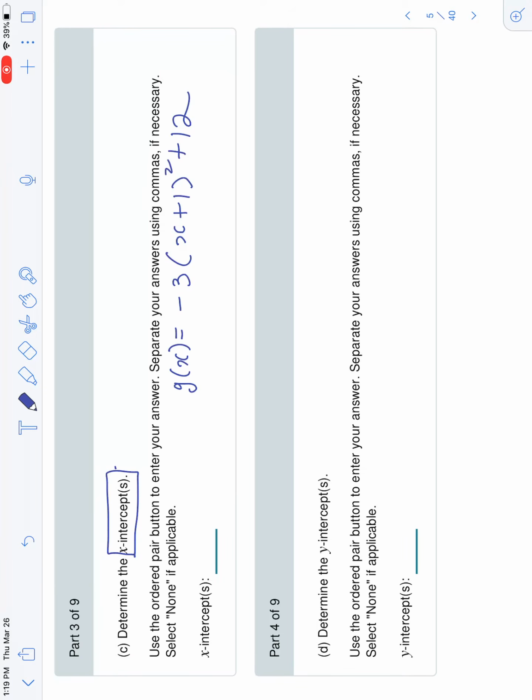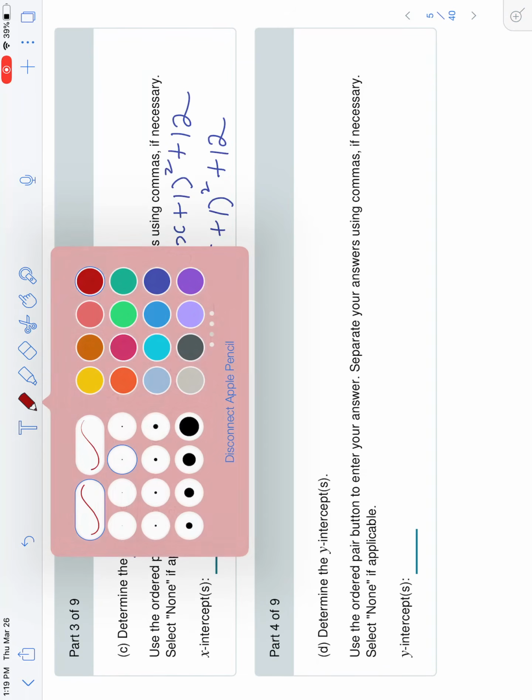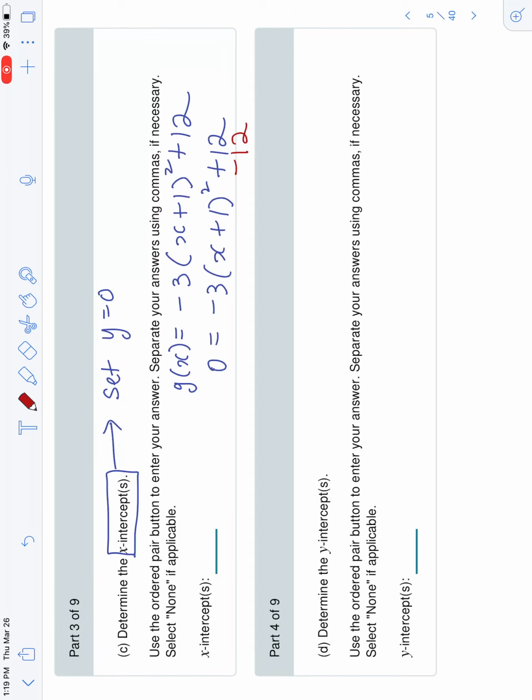Now if you want to find the y-intercept, I'm sorry, they want the x-intercept this time. For the x-intercept, you set y equal to 0, right? And y is the function value, so you're going to say 0 on the other side of this equal sign. Replace g of x by 0. Copy down this side, and let's solve this for x.